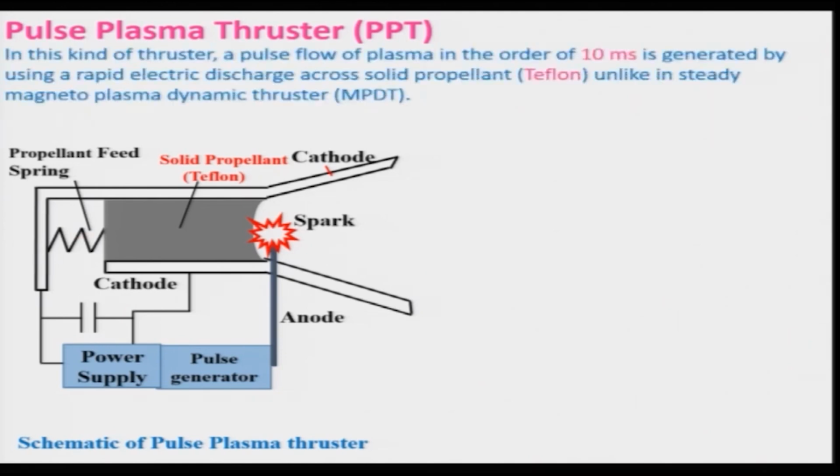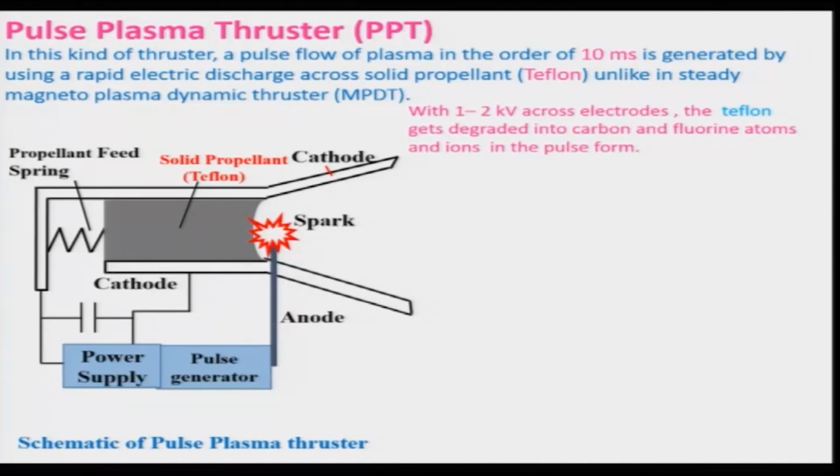And as I told earlier, in this kind of thruster, a pulse flow of plasma in the order of 10 millisecond can be produced by using a rapid electric discharge across the anode and cathode, such that the solid propellant will be getting consumed and producing plasma, unlike in the steady magnetoplasma dynamic thruster.